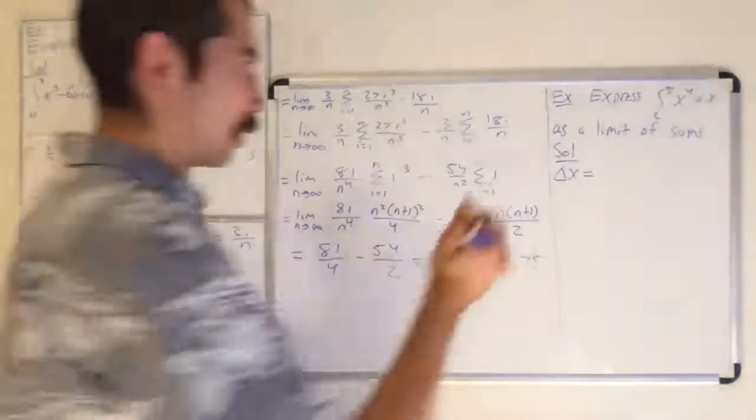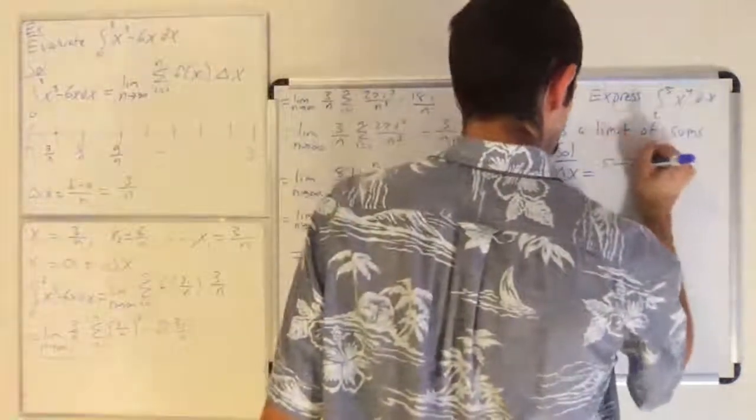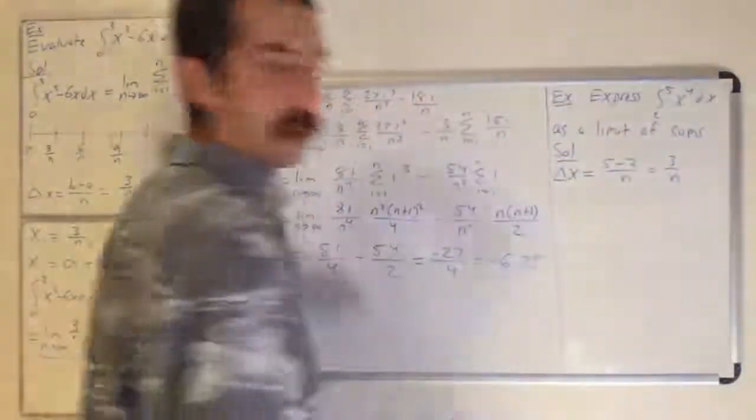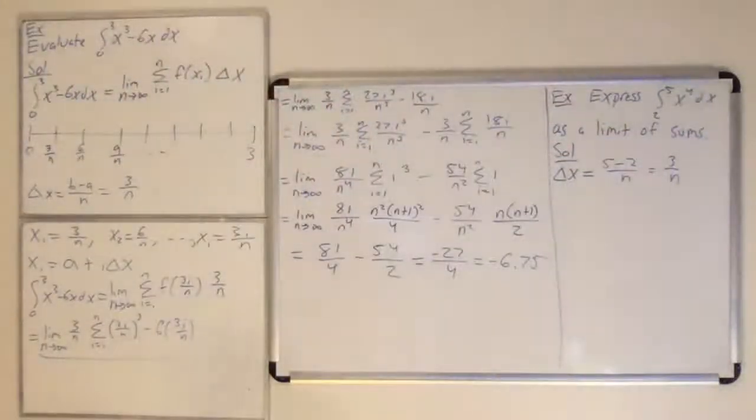So again, it's 5 minus 2 over n, which is, just by chance, 3 over n. Good, Bella.